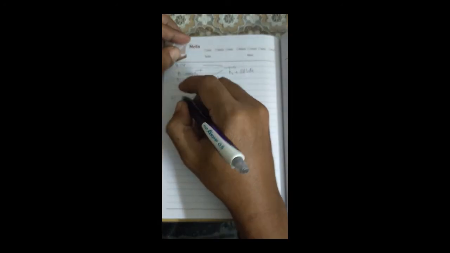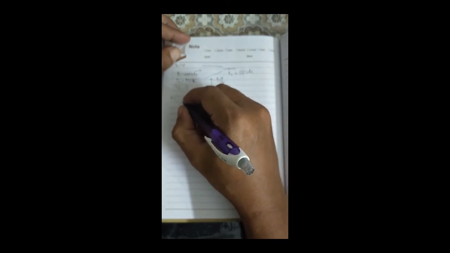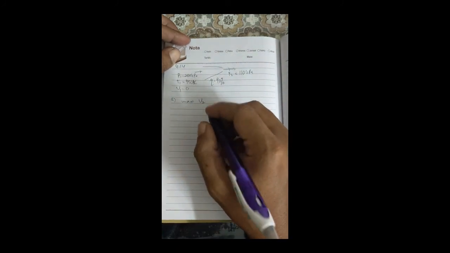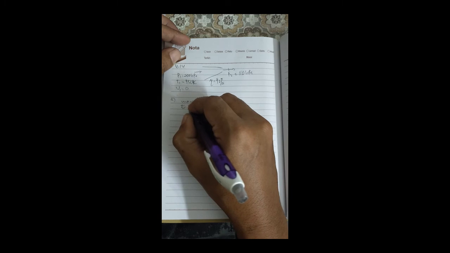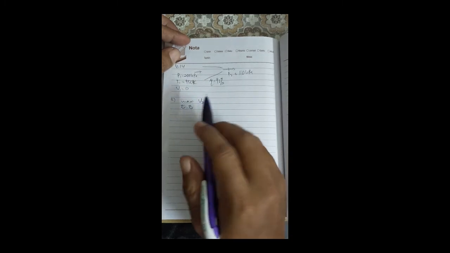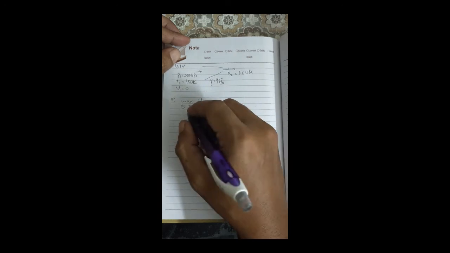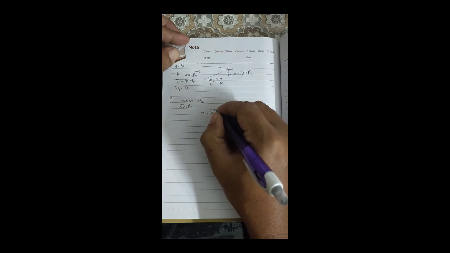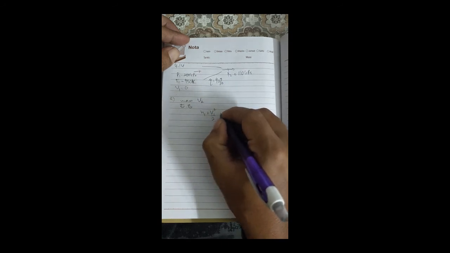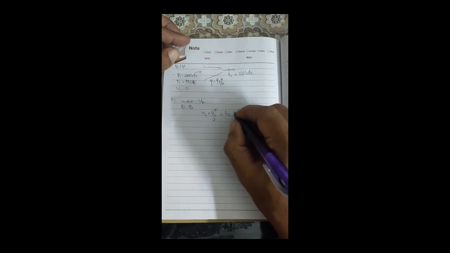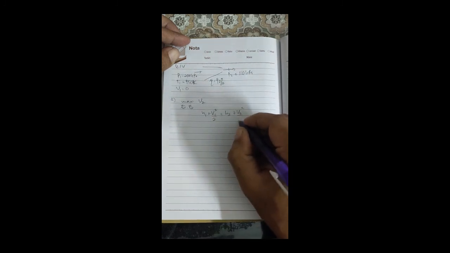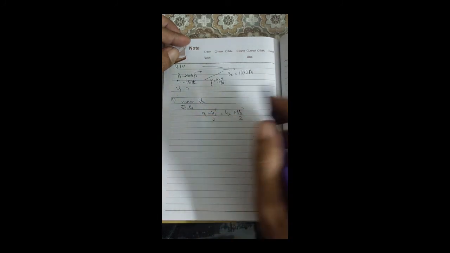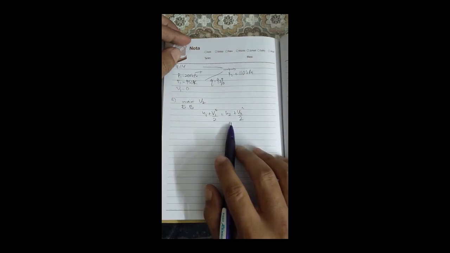Possible max velocity V2. Alright, so from energy balance, I have simplified: H1 plus V1 squared over 2 is equal to H2 plus V2 squared over 2. So in this energy balance I have taken out the work term, so this is the leftover.